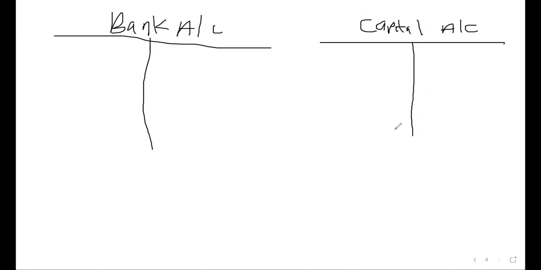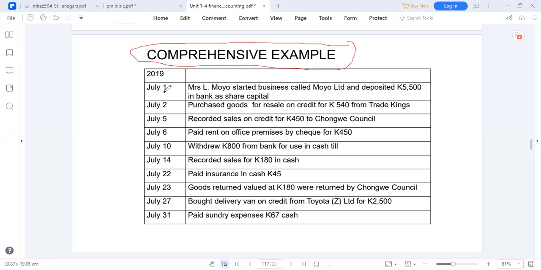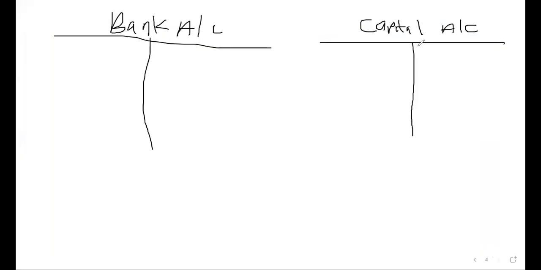All right, so now on this date, the date was what? It was 1 July 2019. So 01 07 19.